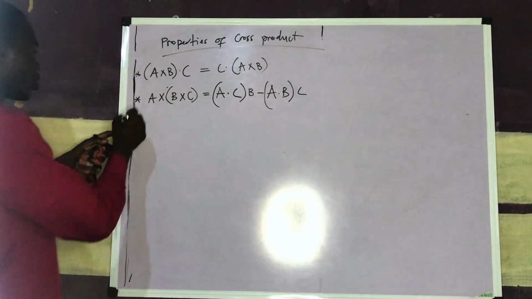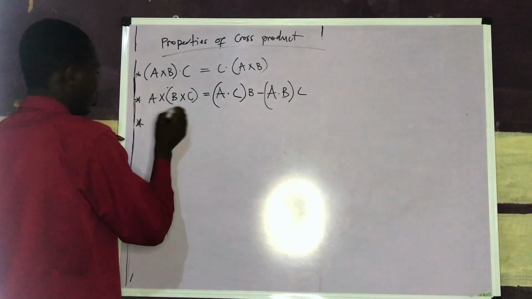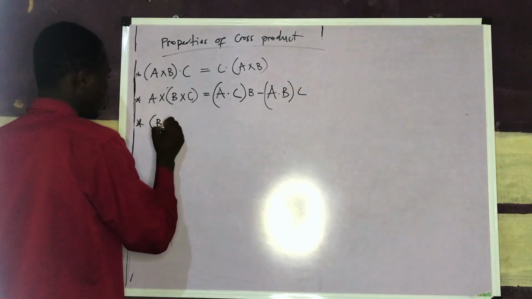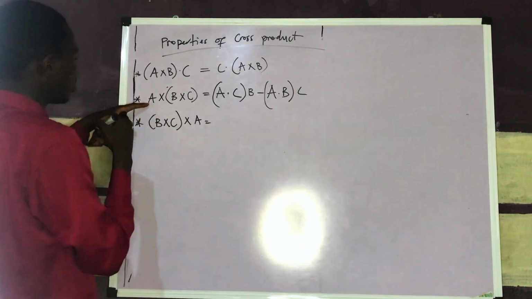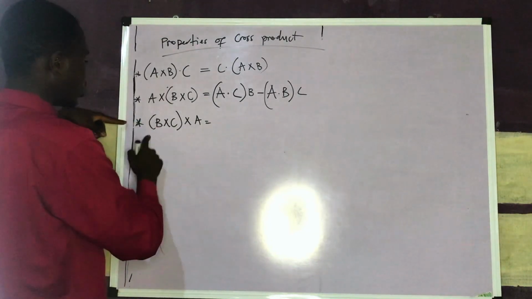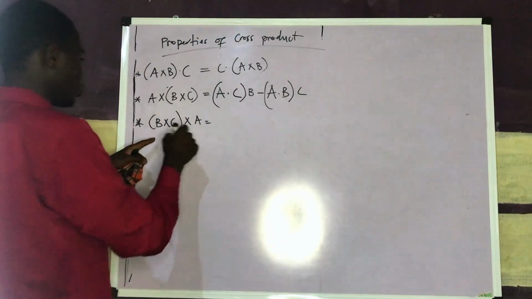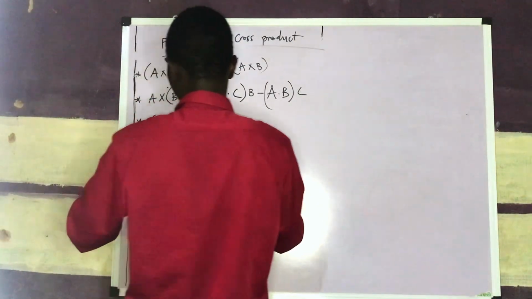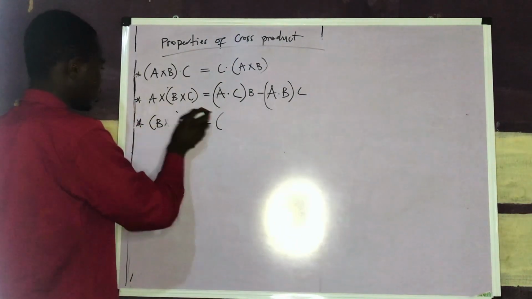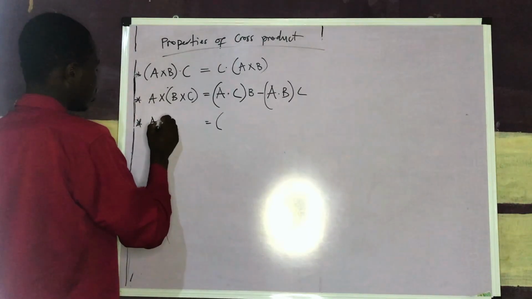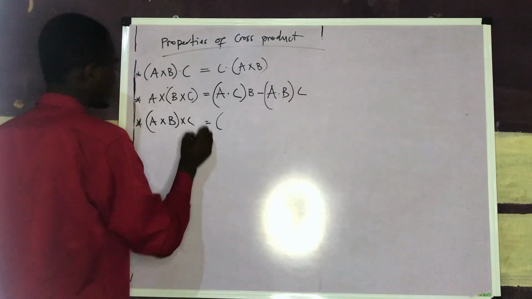You can also be given a question like this, that's B cross C cross A. You see, this one and this one are almost the same, but they just switch them around. So this particular one is different from this one. Let me put it like this: A cross B cross C. You understand?